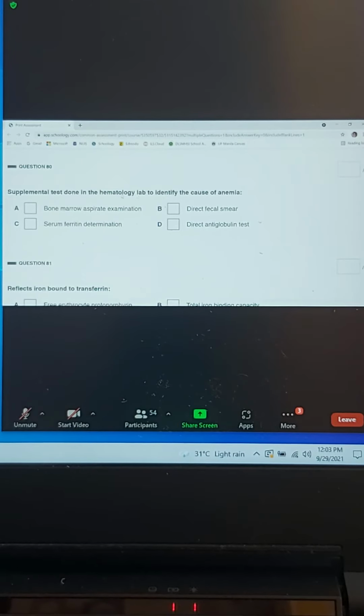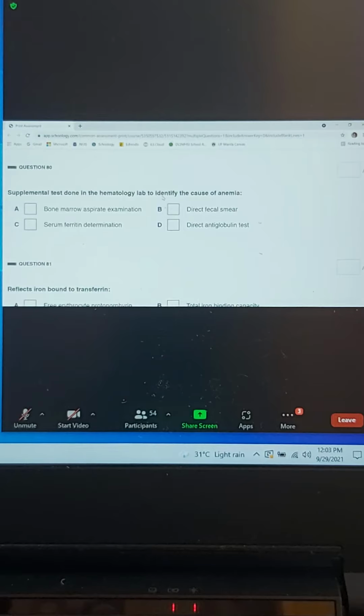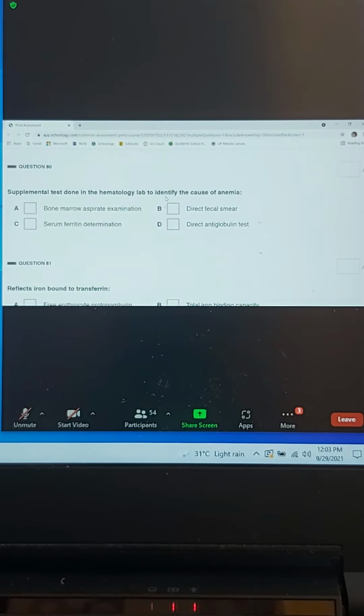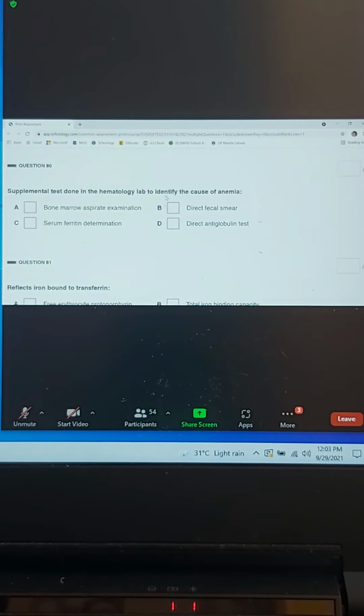Supplemental test done in the hematology lab to identify the cause of anemia. C?